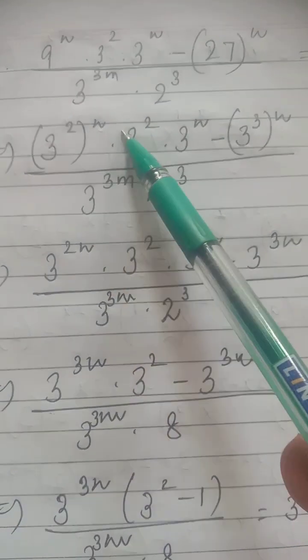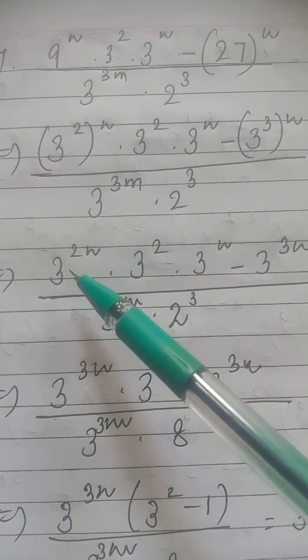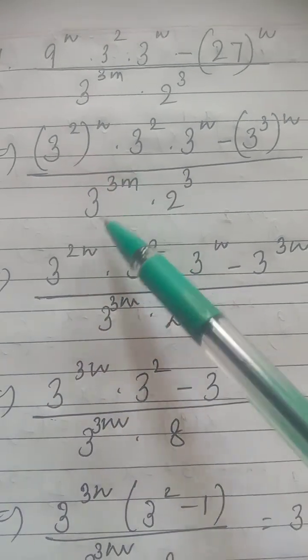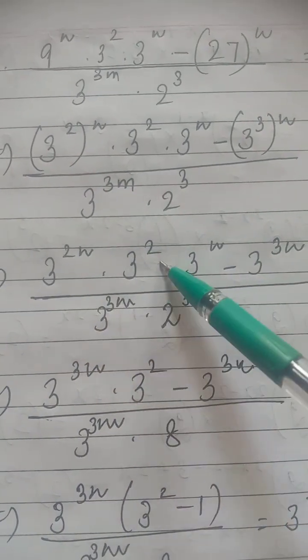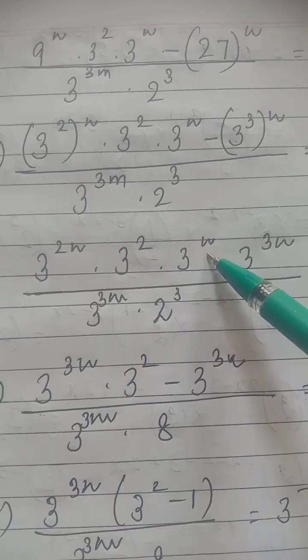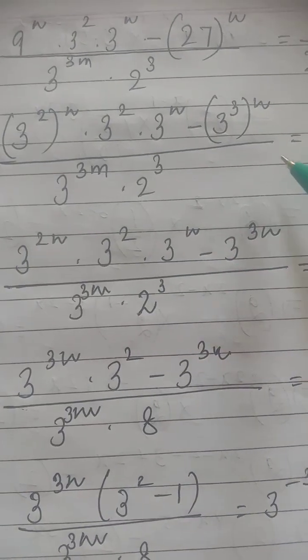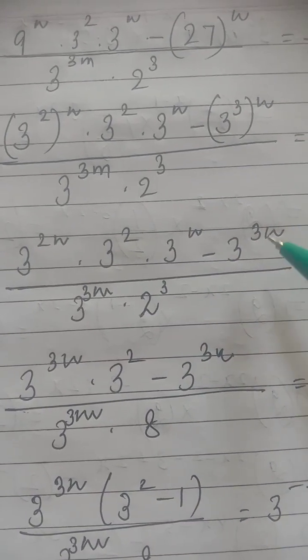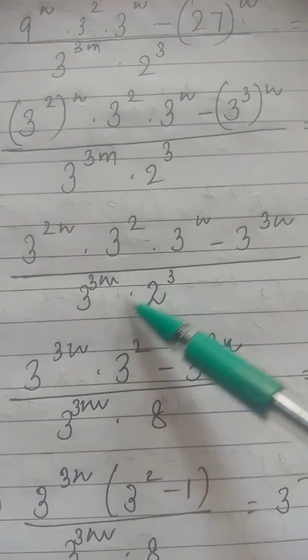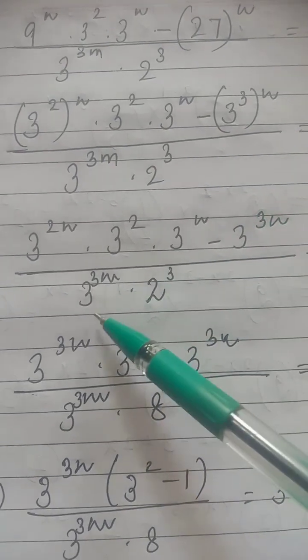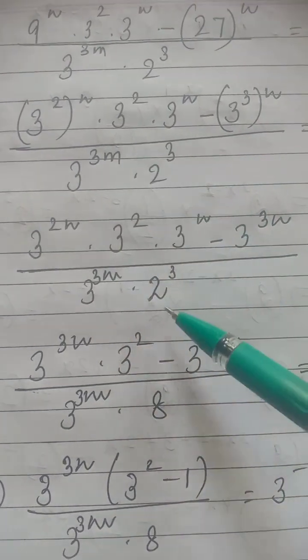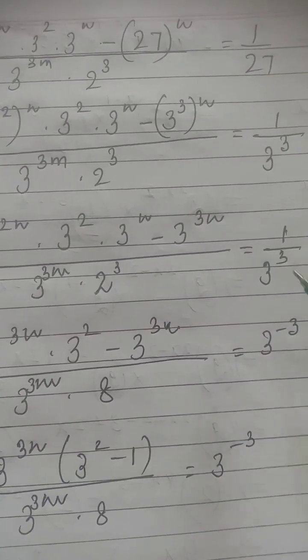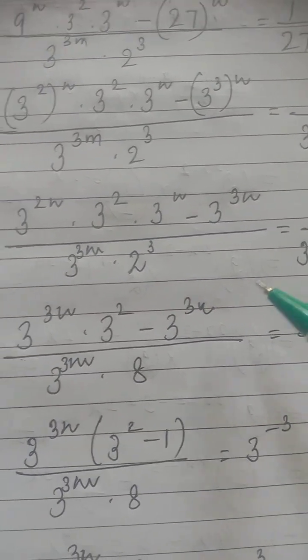Now powers will be multiplied according to the laws of exponents. So 3 to the power 2n into 3 square into 3 to the power n minus 3 to the power 3n, powers multiplied here, equals to this written as it is, and this is also as it is.